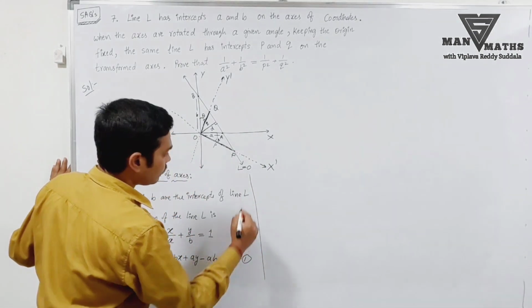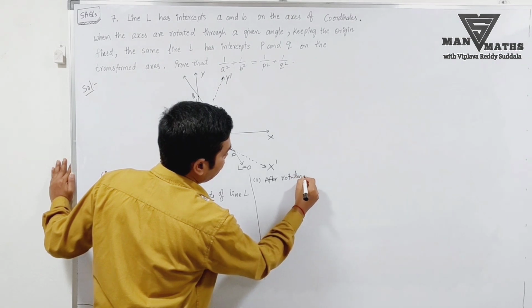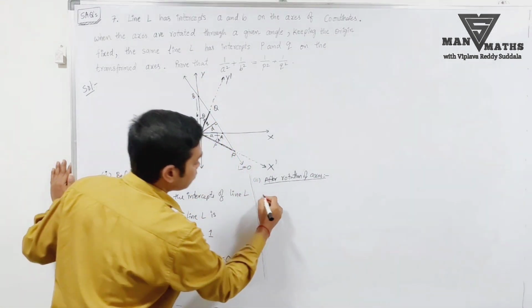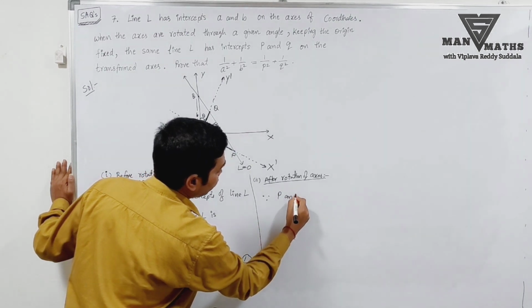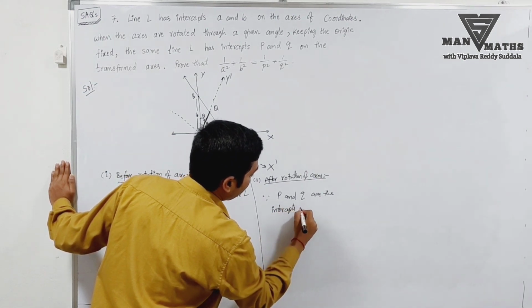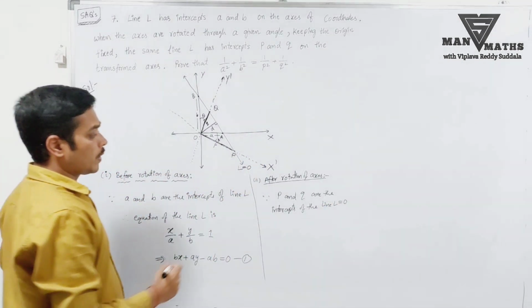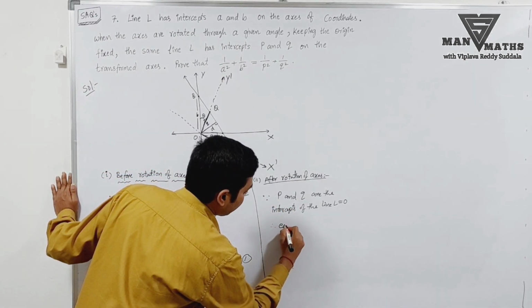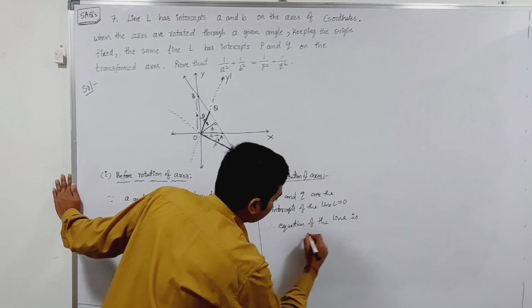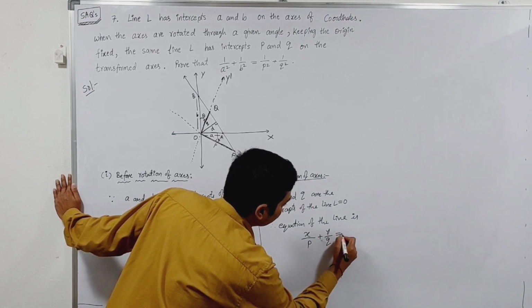After rotation, in the second case, after rotation of axis, p and q are the intercepts of the line L. By using these two intercepts, the equation of the line is x by p plus y by q is equal to 1.